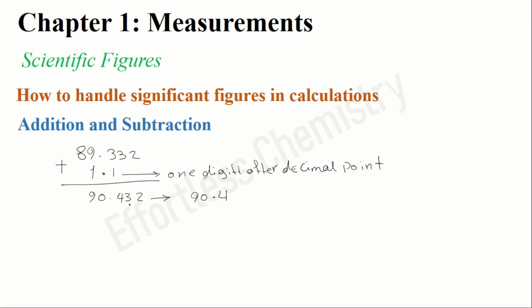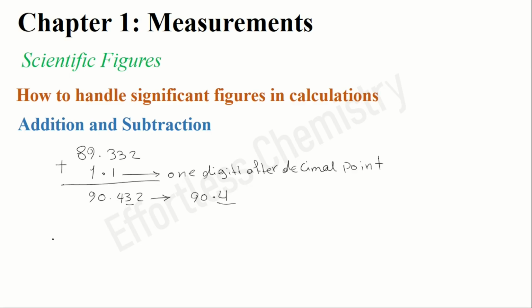If the number here is less than 5, we don't change this number and we write it exactly as I did. But if this number is equal to or greater than 5, we will add 1 to this number.